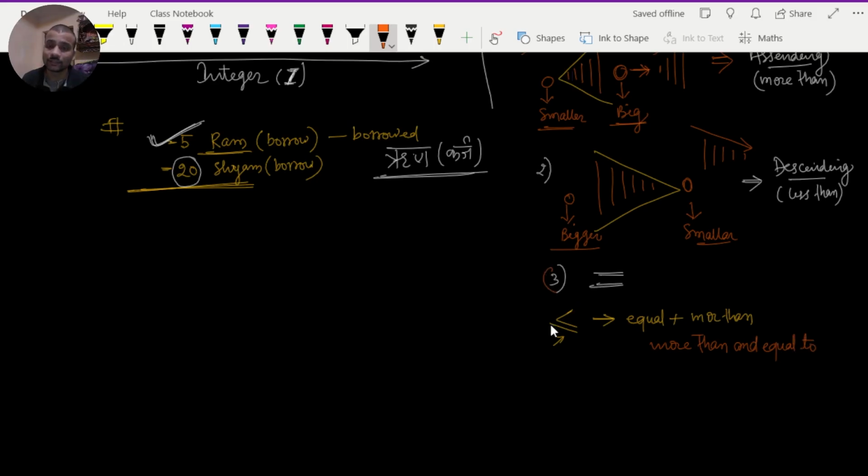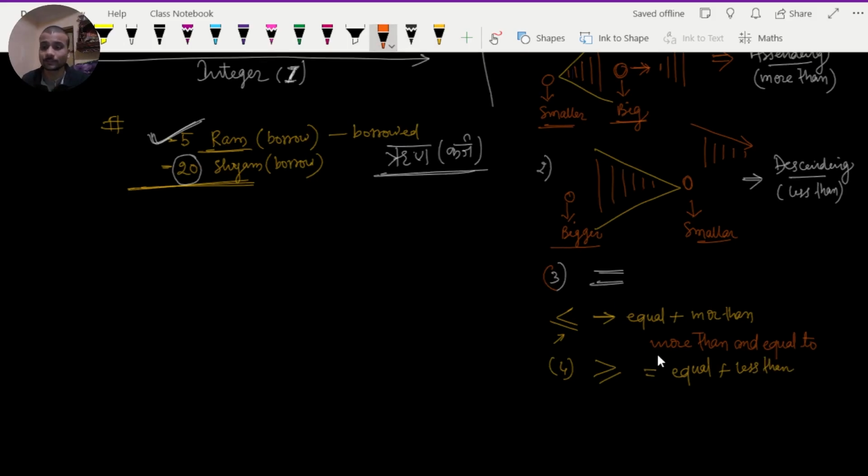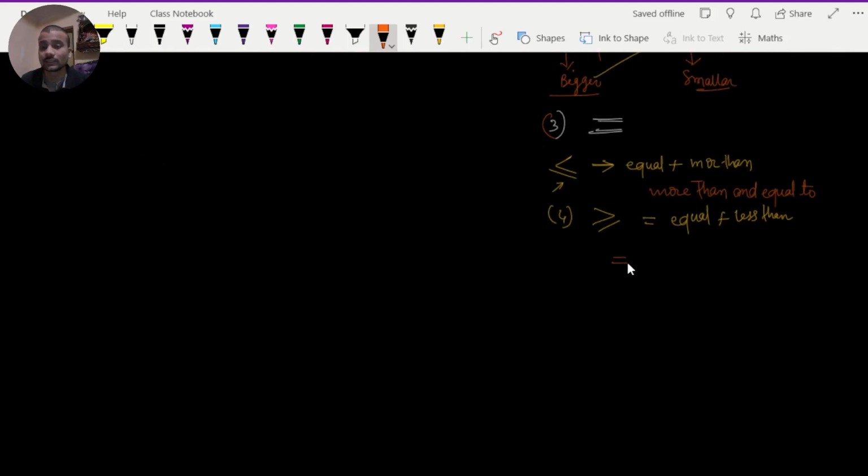In the same way, if I ask you what this is, you would say some things are equal and some portion is less than. So in a single word we can say it is less than and equal to. Okay, this is the same thing, this is not a bigger thing.